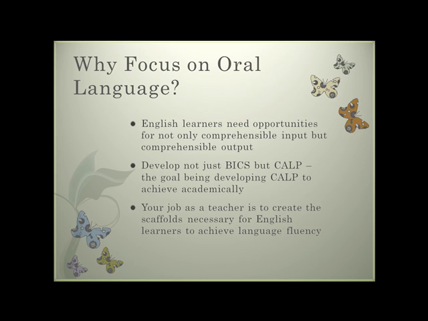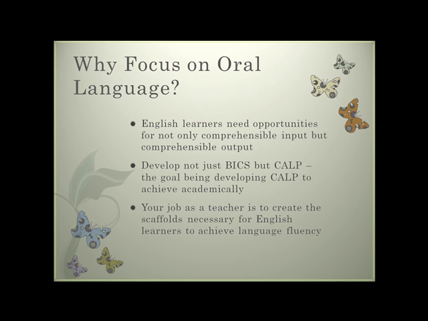Another thing that you have to remember is we need to help our learners develop not just the BICS or the basic interpersonal communication skills that we often refer to as the social language, but we also need them to be able to develop the academic language, the language of the content areas, or the CALP, which would be the cognitive academic language proficiency. So really our goal as teachers is to help them maintain their BICS, right?